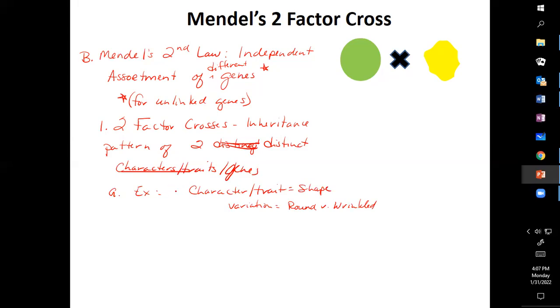So that's one characteristic or trait. Then the second one that we're looking at here is seed color. So now we're looking at a distinct characteristic or trait, and it is seed color with variations of green and yellow.